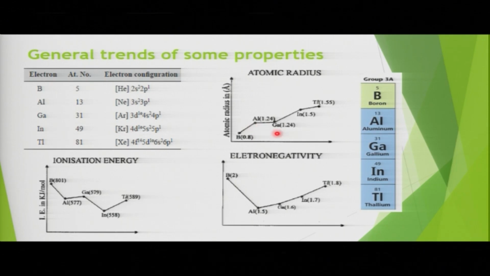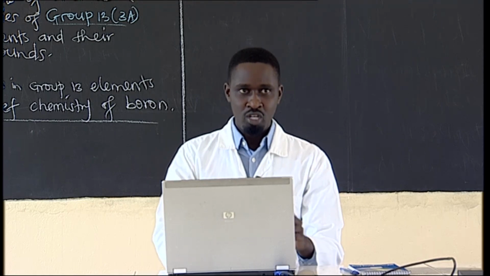I pose a question: why is gallium having a similar atomic size as aluminium, and yet we expect the size to be increasing due to the extra filled shells that are added from one element on top to another? What do I mean?